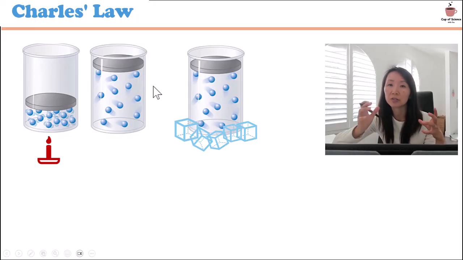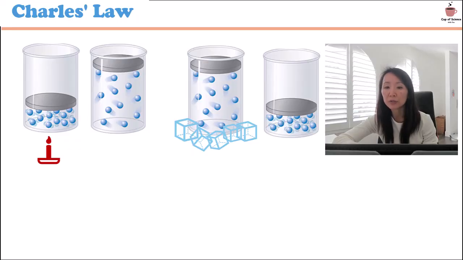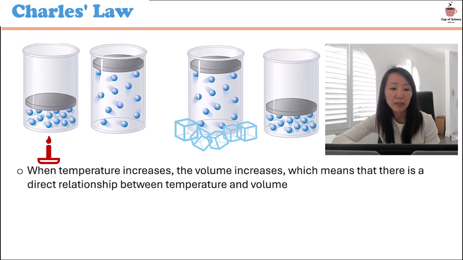So the molecules start to come closer and closer together, causing the volume to also diminish. So with this, we can say that there is a direct relationship between temperature and volume, in that when temperature increases, the volume increases. When the temperature decreases, the volume decreases.